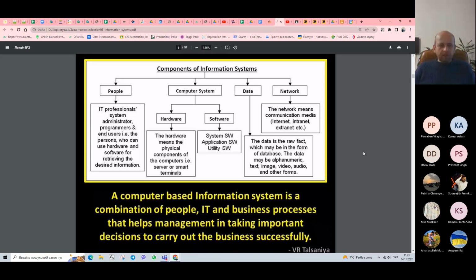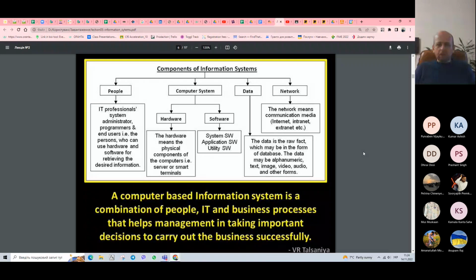From people, those who communicate: IT professionals, system administrators, programmers, and users, persons who can use hardware and software for driving the design of information. This also can be different equipment which can communicate. Another system which is present around can also be integrated and communicate.